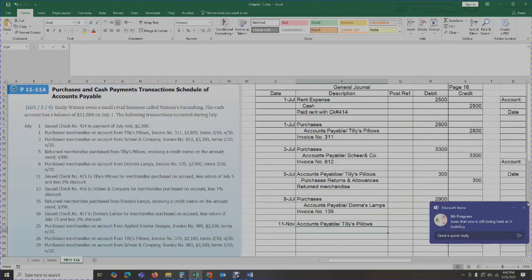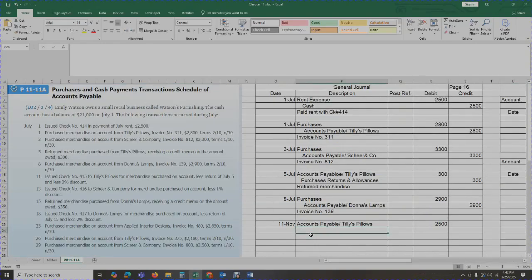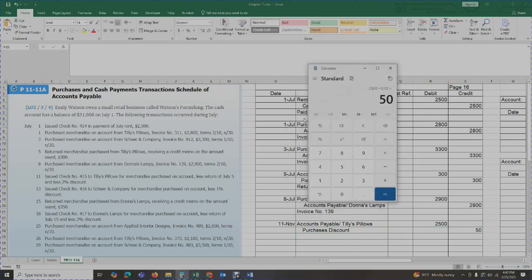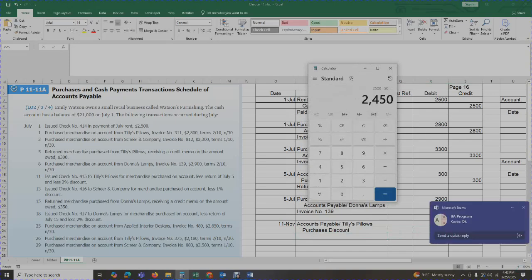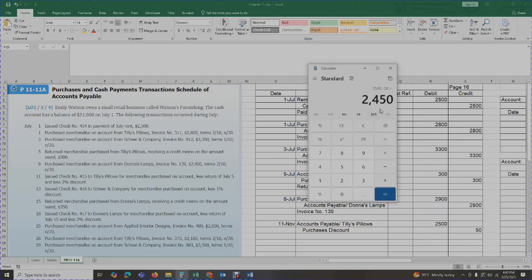So I'm going to credit my purchases discount for the $50. So I owed $2,500. I get a discount of $50. Then I owe $2,450.